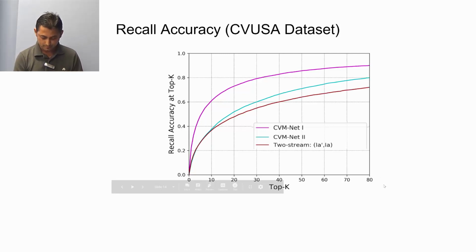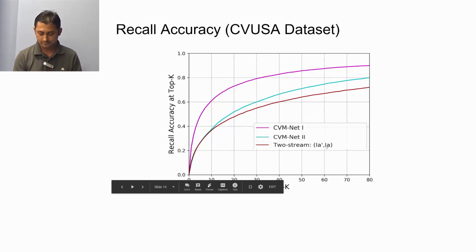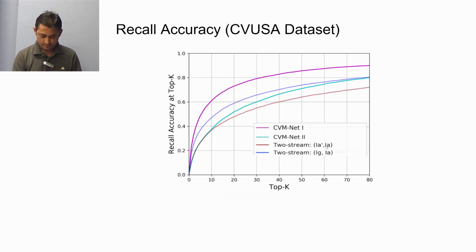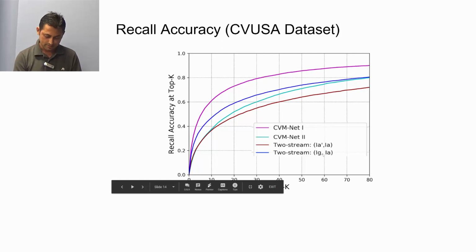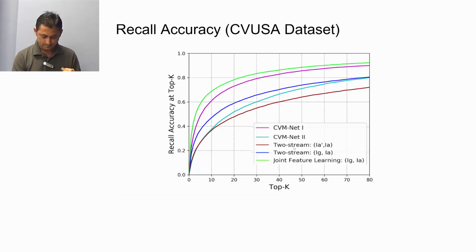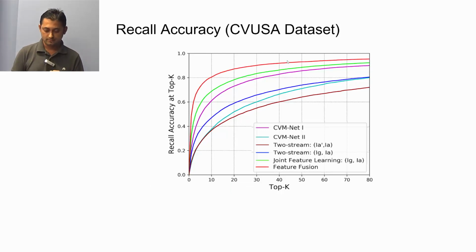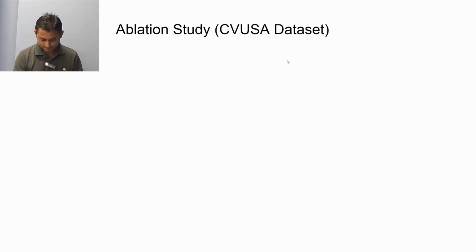Here are results from our methods, the two-stream baseline with aerial image and the synthesized aerial for ground. This one is for our ground and aerial images. We have the joint feature learning method shown in green. And finally, we have the feature fusion result on the red curve.